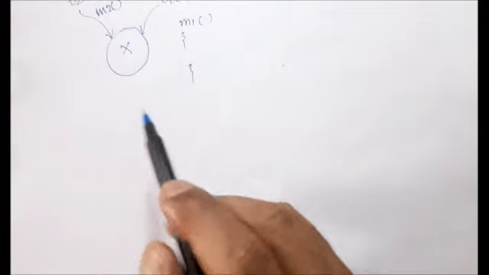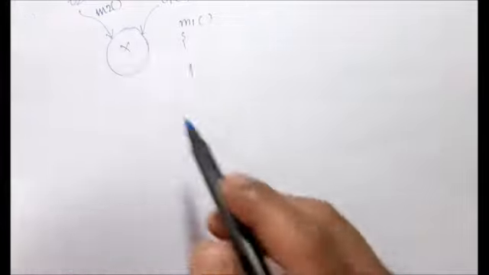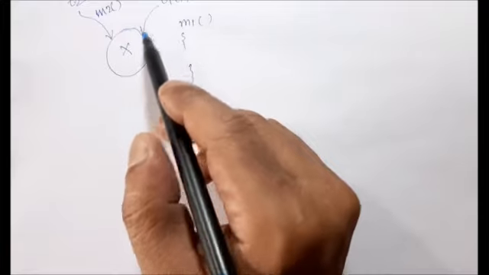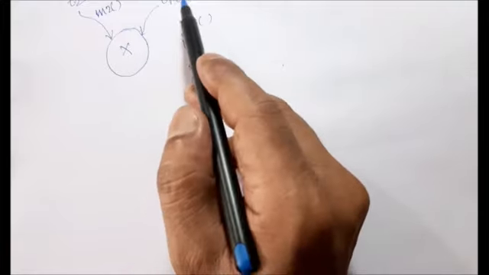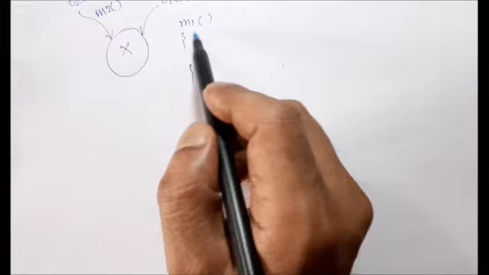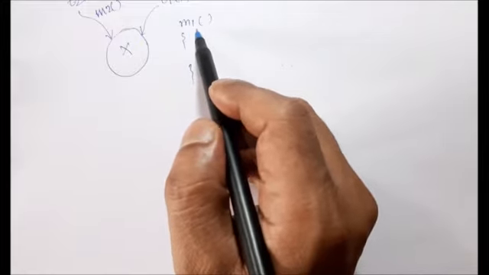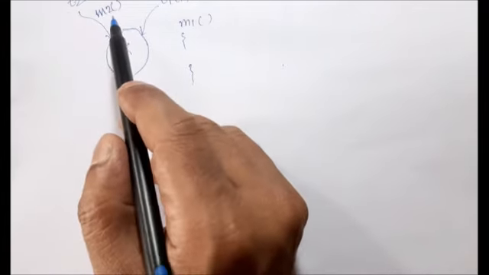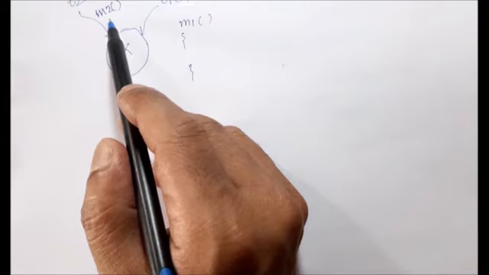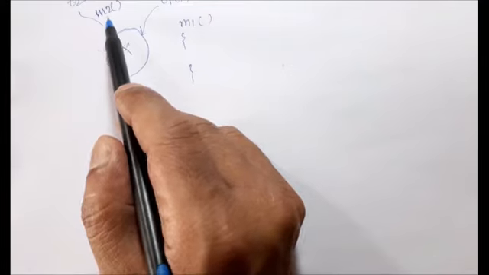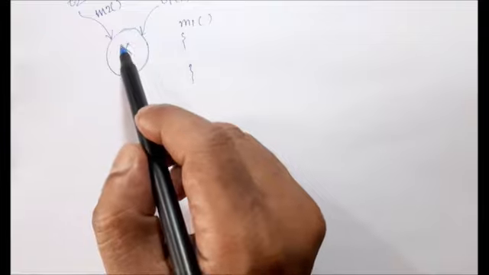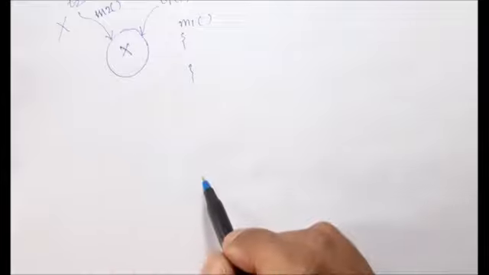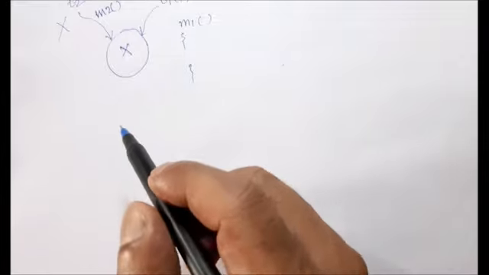Since the T1 thread got the lock of this object, it will execute the synchronized method M1, but at the same time the T2 thread, another thread, is going to access another synchronized method, which belongs to this object. That is why it will not access the M2 method.